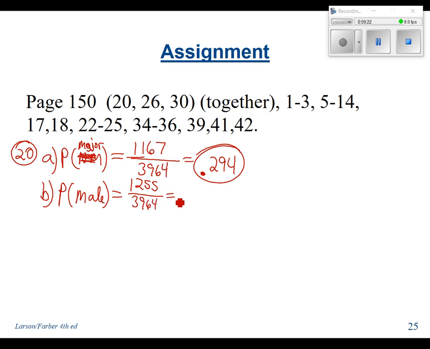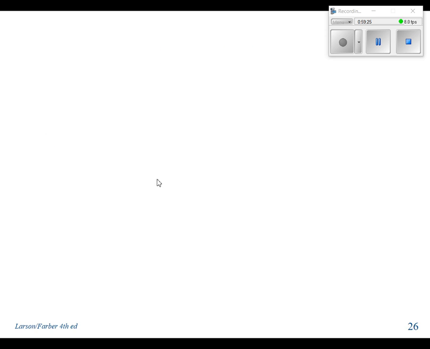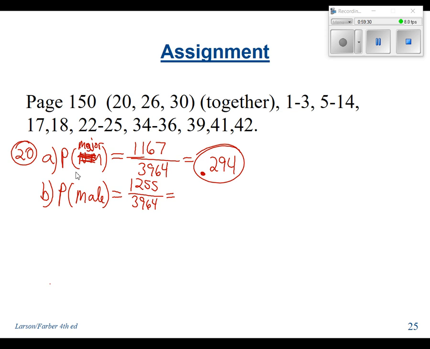Somebody divide that for us. 0.317. About 32%. If 32% is males, could we figure out the percentage of females fairly easily? Yes. 32% of males, what percent's gonna be female? 68.